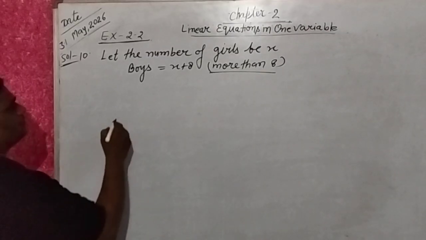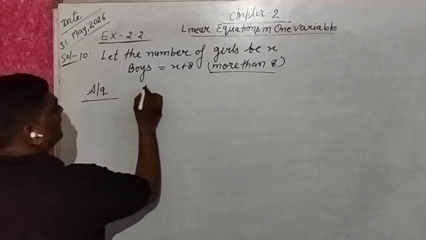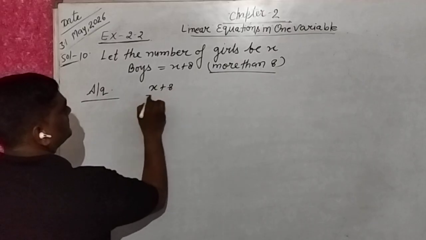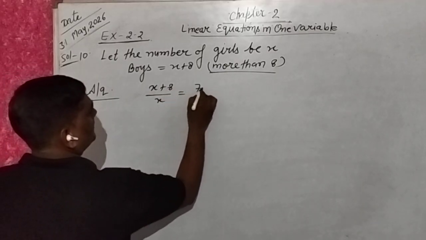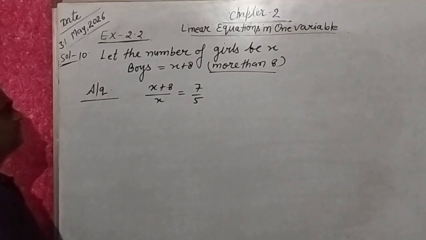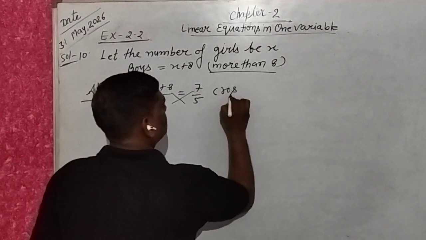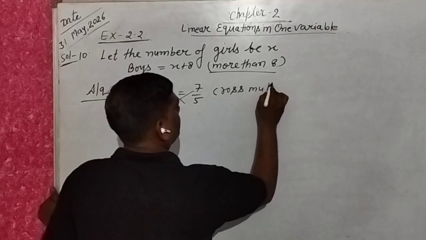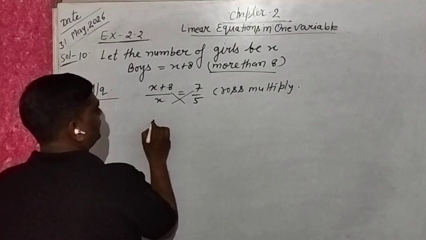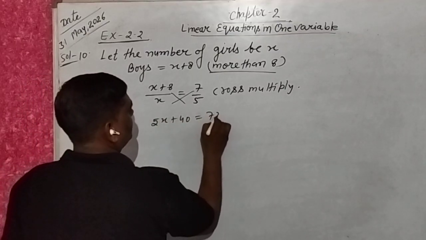Then the ratio of both numbers, boys to girls, x plus 8 over x, is equal to 7/5. Then you cross multiply, you write here 5x plus 40 is equal to 7x.